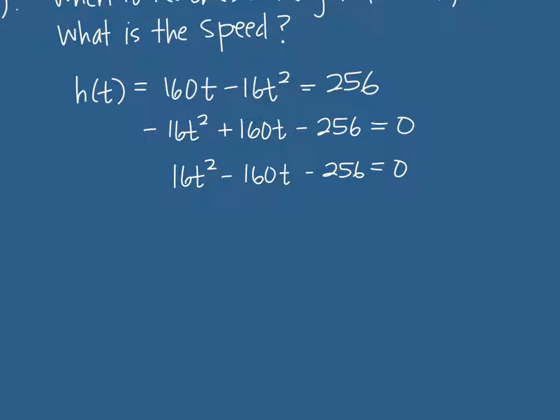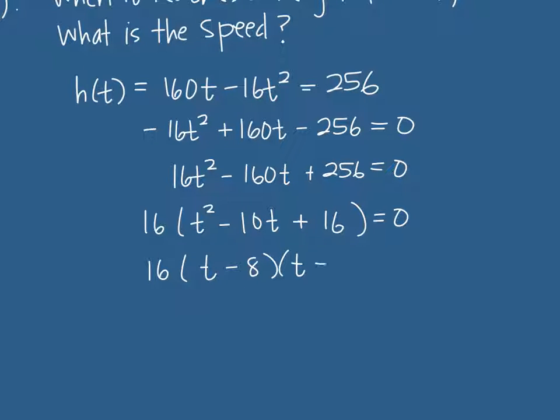The number 16 is in common, so I can take 16 out, and that factors perfectly. I get t minus 8 and t minus 2, and so t is 2 and 8 seconds.